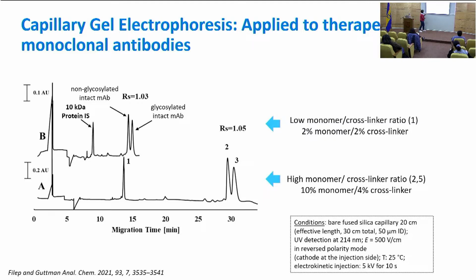The MAB has not been reduced here, and you can see that they can separate non-glycosylated from intact MAB, and they also compare the different proportions of monomer versus crosslinker. The resolution is not so different, but what is important to see is that the migration time is not the same. So there is an important impact on the migration time.